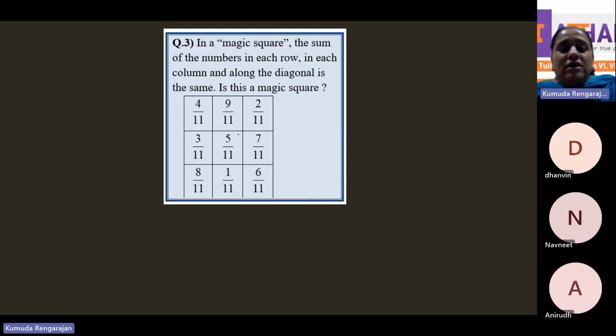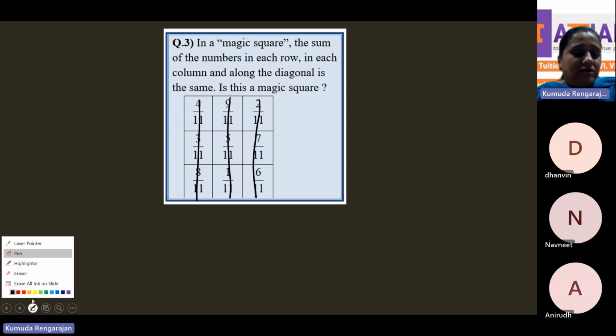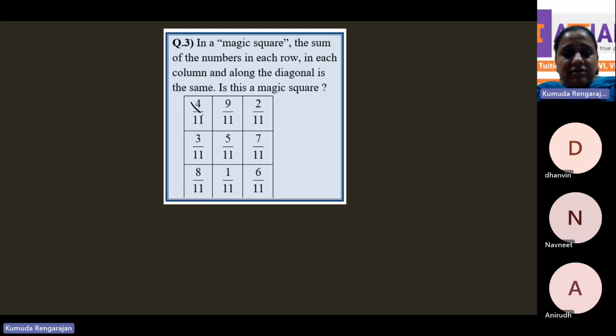So this can be a 3 by 3 magic square, but is it a magic square? You'll have to check. So how do you check that? You must find the sum of the numbers in all the 3 rows, the sum of the numbers in all the 3 columns, and the sum of the numbers in the diagonals.